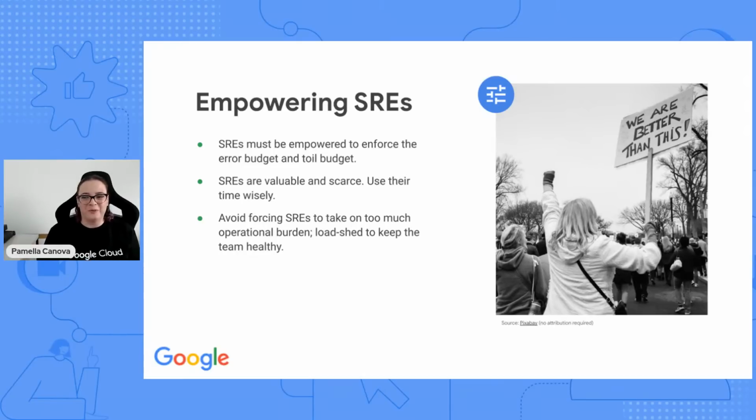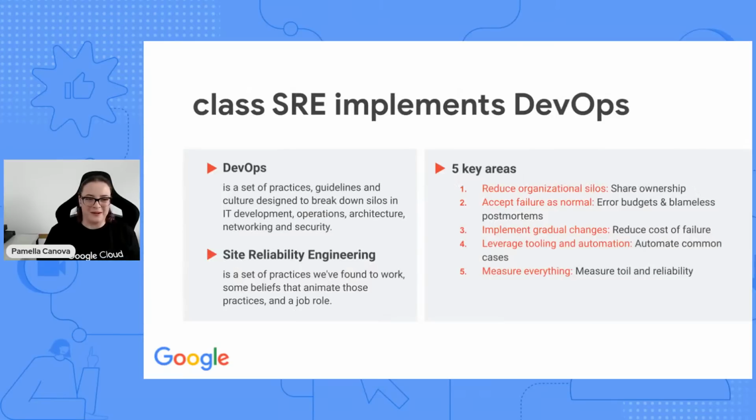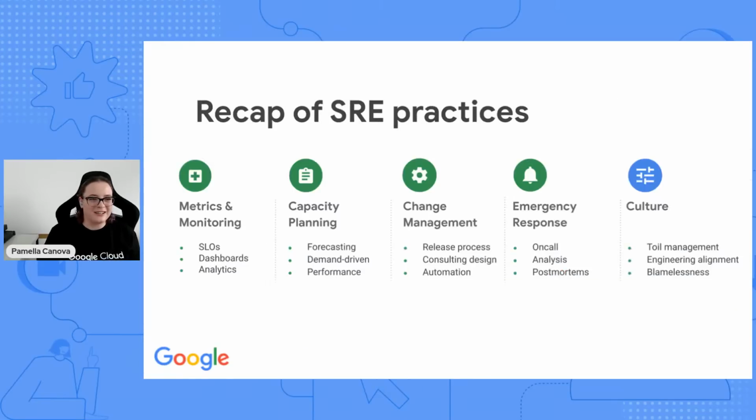Otherwise, they won't have time to do everything right. So it's important to keep a balance of their work and life. And I think not just the SRE, but everyone involved in this process has to have a good work balance.